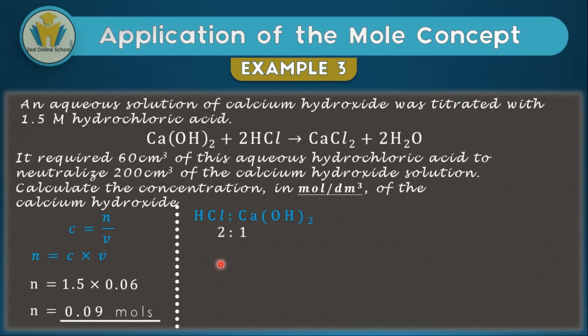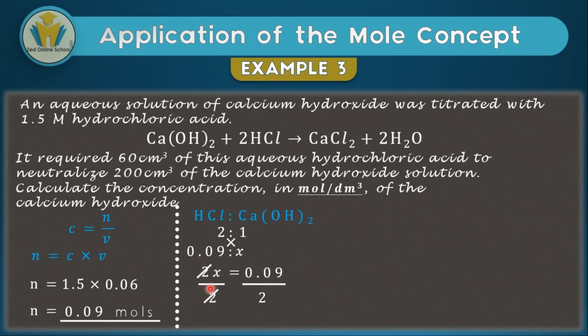If we keep the same proportion of 2 to 1, we can say that 0.09 will give us X. And therefore, as you can see, HCl is on our left, calcium hydroxide is on our right. We cross multiply, then we have 2X is equal to, here the one doesn't change anything, so it's 0.09. We divide by 2 on both sides to get rid of the 2 on our left.